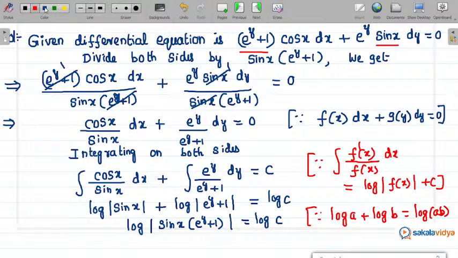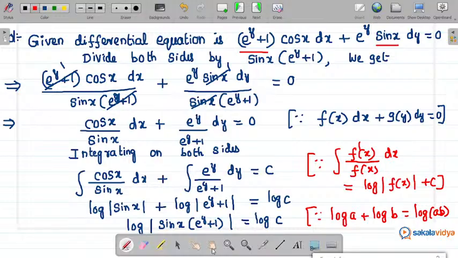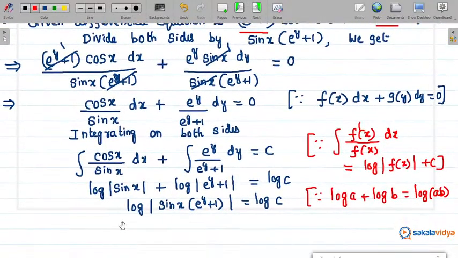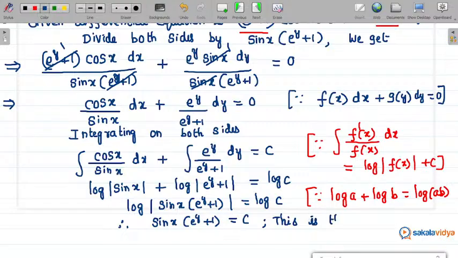So, now comparing on both sides, what do we get? Therefore, we get sin x times (e^y + 1) is equal to c. So, this is the required general solution.